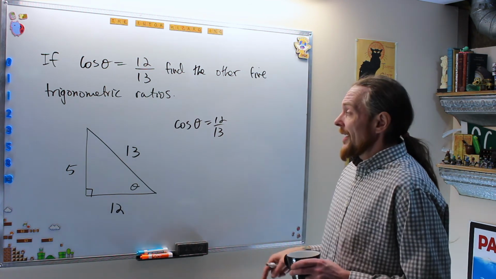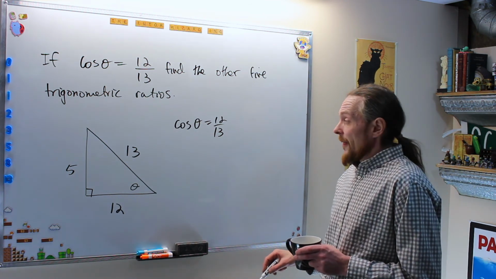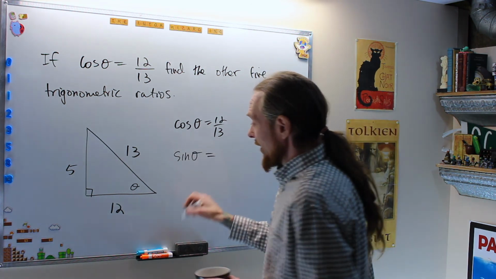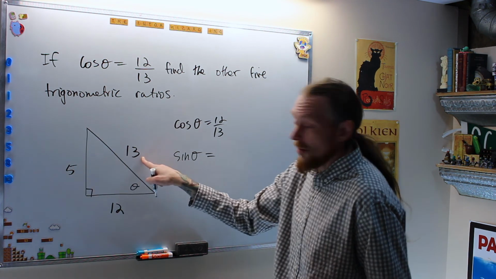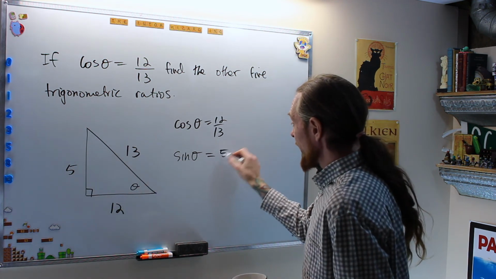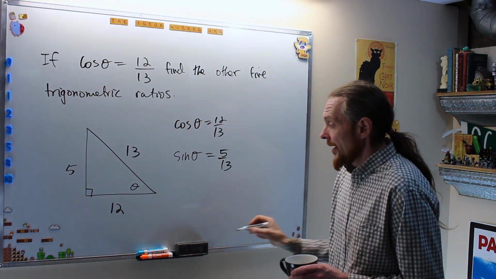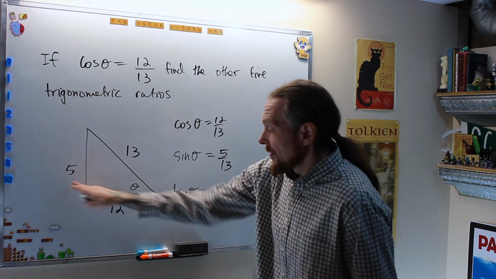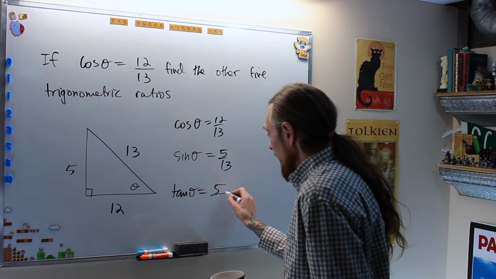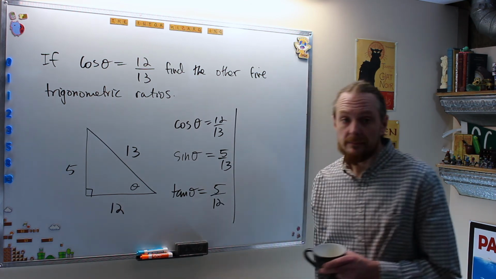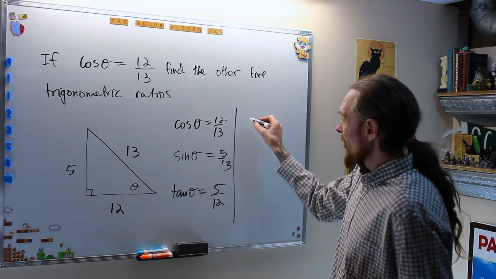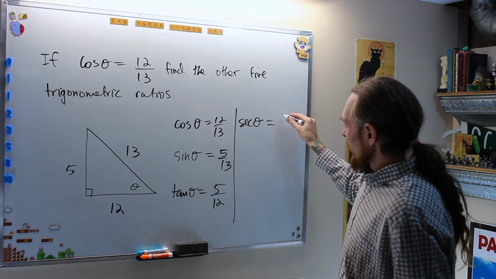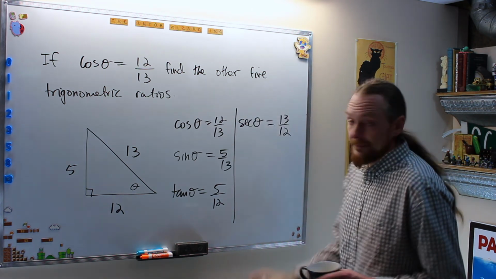So cosine is 12 over 13, and therefore sine theta is opposite over hypotenuse, which is 5 over 13, and tan theta is opposite over adjacent, which is 5 over 12. For the other ones, 1 over cos is secant, so that will be 13 over 12.